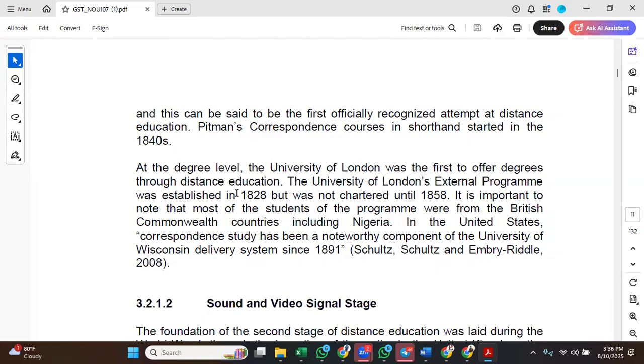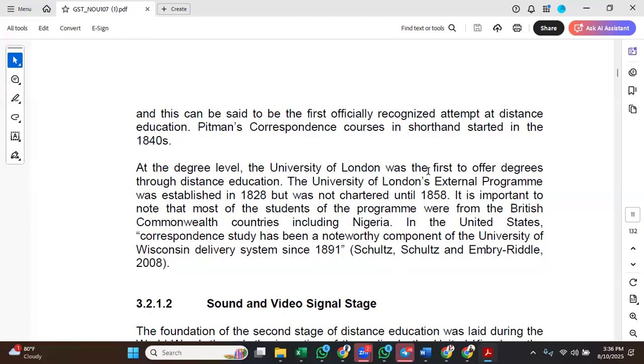I'm a bit confused because I don't even understand anymore. You just mentioned United States and then you jumped to 1891. This was what he said. He first talked about the first university to attempt it, which was in London in 1828. It wasn't chartered until 1858, right? Yes.